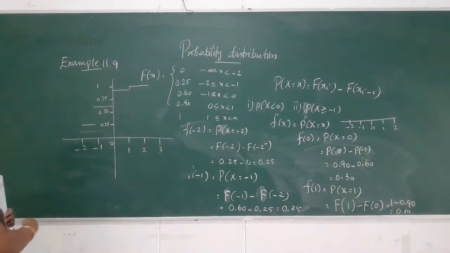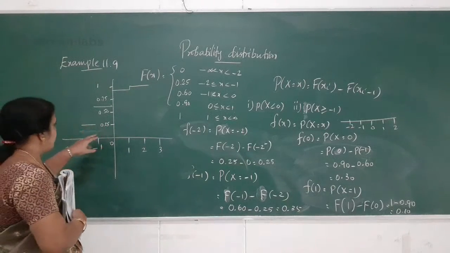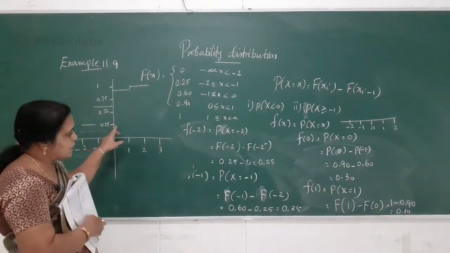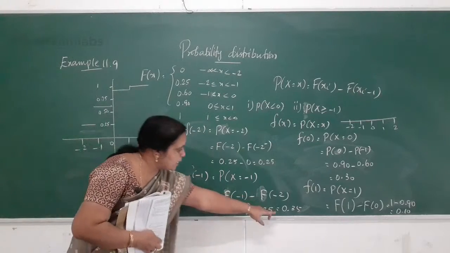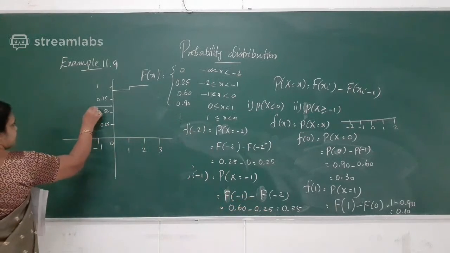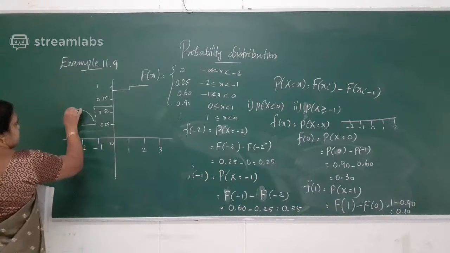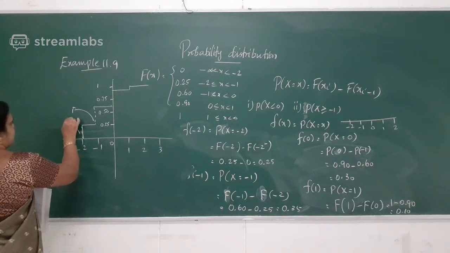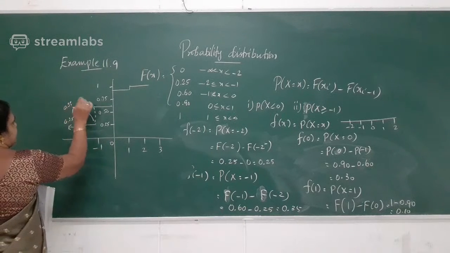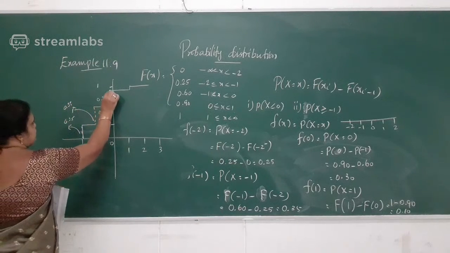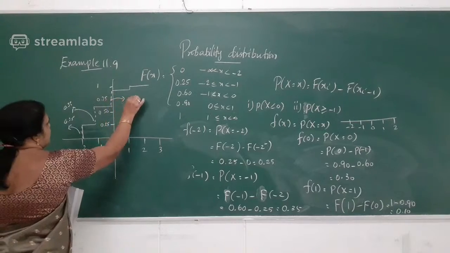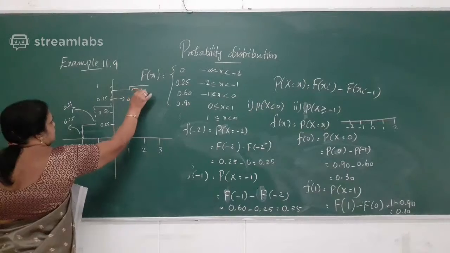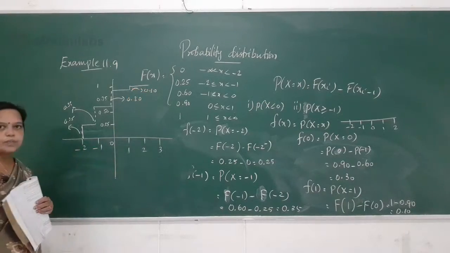We have to draw like this. See, for minus 2, 0.25. How much is it jumping? 0.35 it is jumping. So these are the jumps they are talking about. Here 0.25, here 0.35, here this jump takes 0.30, and here 0.10.